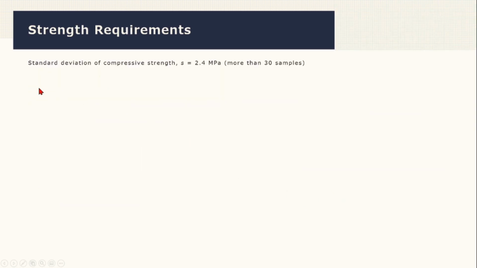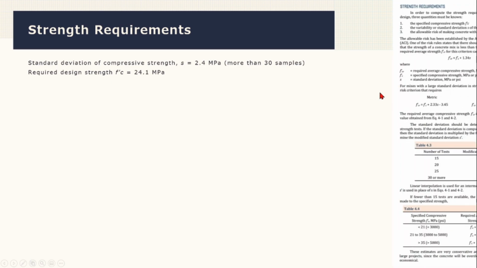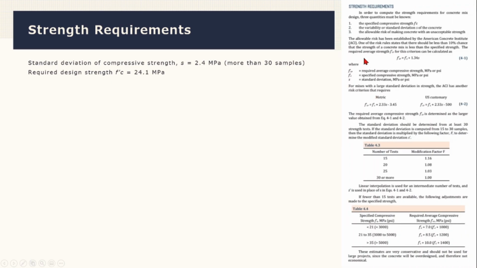For the strength requirements, we are given a standard deviation of compressive strength of 2.4 megapascal with more than 30 samples, and the required strength is 24.1 megapascal. But this is not the final strength that we are going to use, because according to ACI, the required average strength f'cr should be used in the design mix proportion.